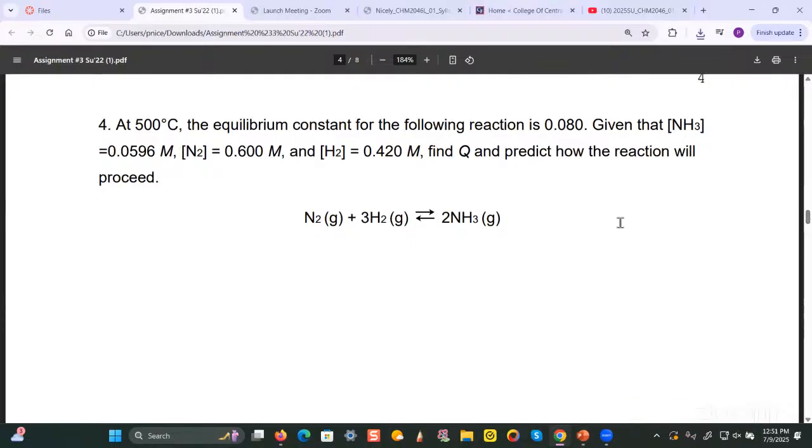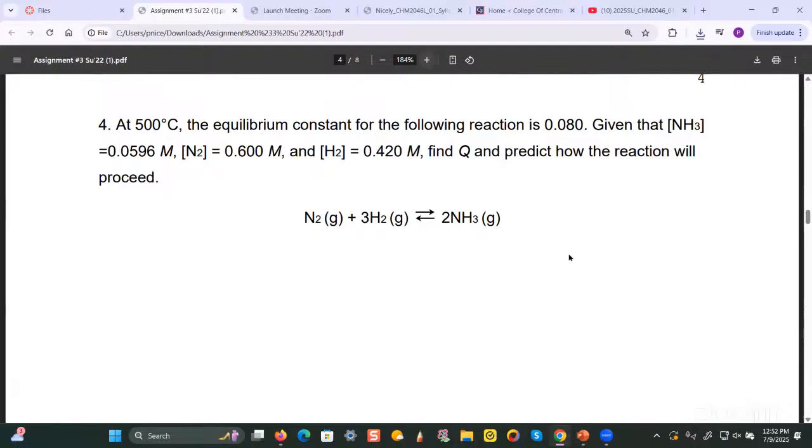All right, so let me start with number 4. Number 4 says that at 500 degrees Celsius, the equilibrium constant for the following reaction is 0.080. Given the concentration of ammonia, nitrogen, and hydrogen, find Q. So let's find Q first, and then predict how the reaction will proceed, all right?